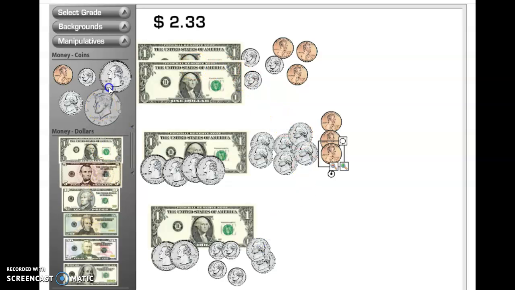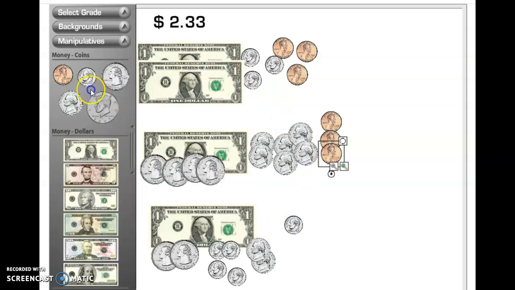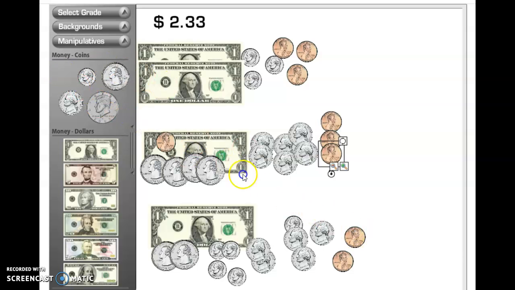Then I need to represent 33 cents. I'm going to do 1 dime, 2 dimes, that's 10, 20, 25, 26, 27, 28, 29, 30, 31, 32, 33.